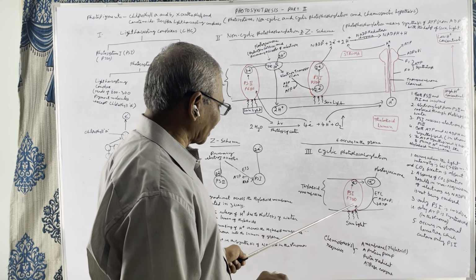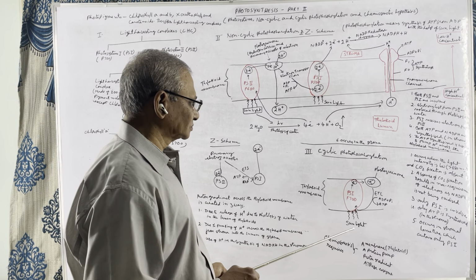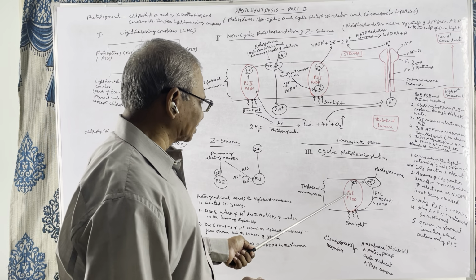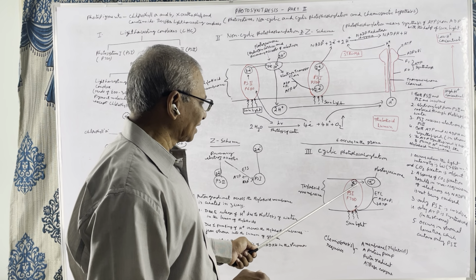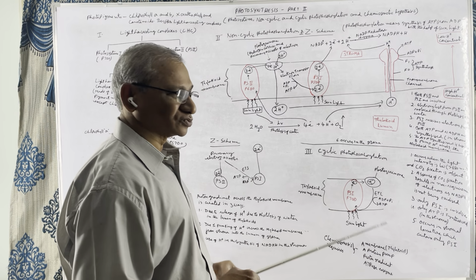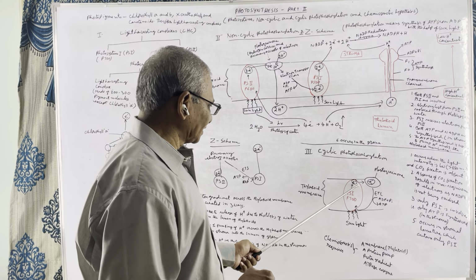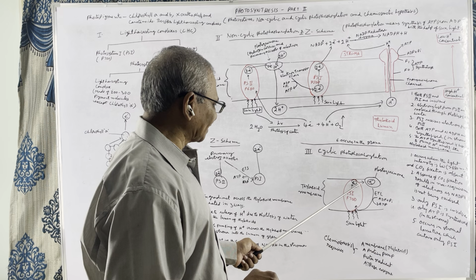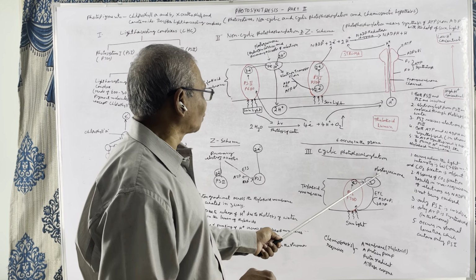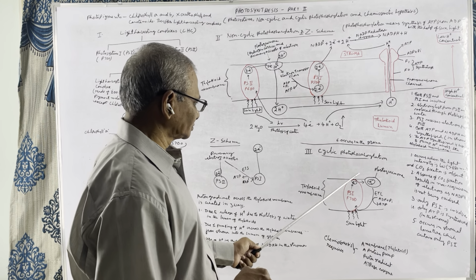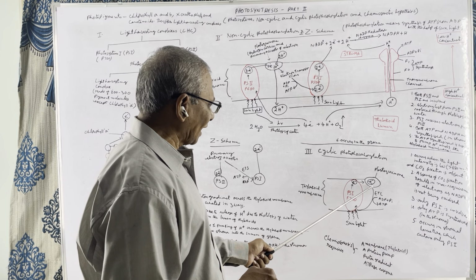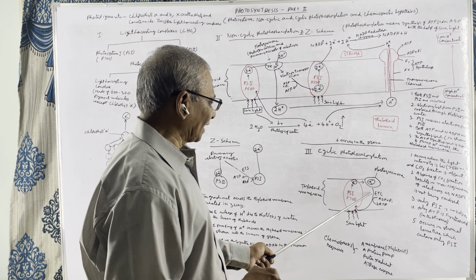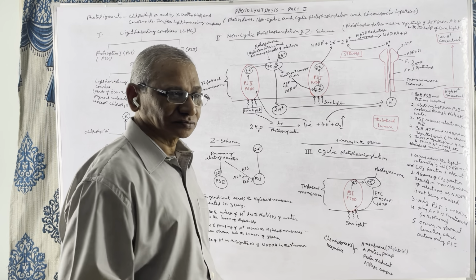when the sunlight falls on PS1, whose intensity is low, electrons get excited and they are released from the PS1. These excited electrons are accepted by plastoquinone, just like here. The plastoquinone hands over the electrons to the electron transport chain.